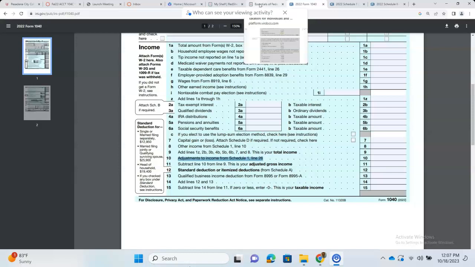If you can track that, then you can do quality review on your return to understand, okay, these numbers, yes, are coming from this schedule, yes, into 1040, yes, it makes sense. If it doesn't make sense, that means you made a mistake somewhere.